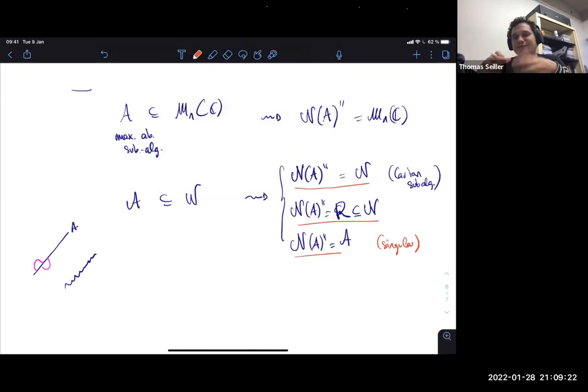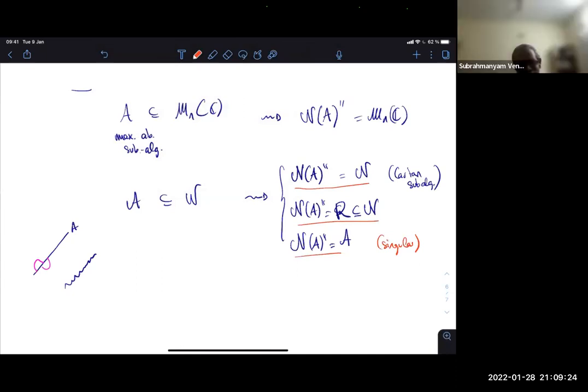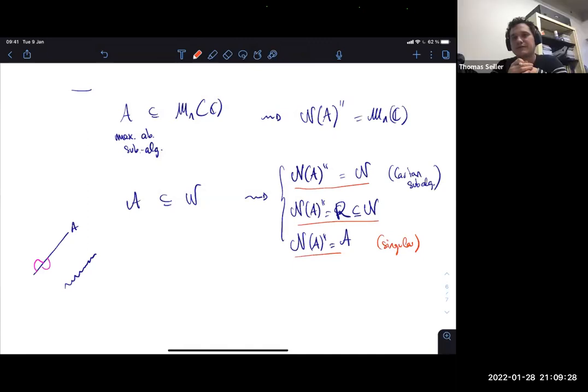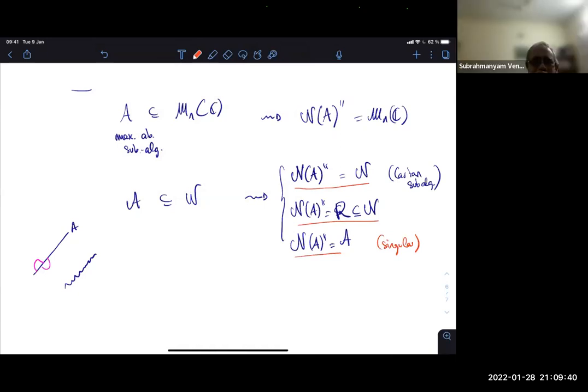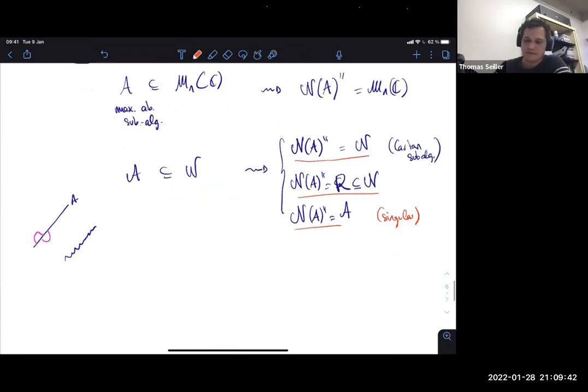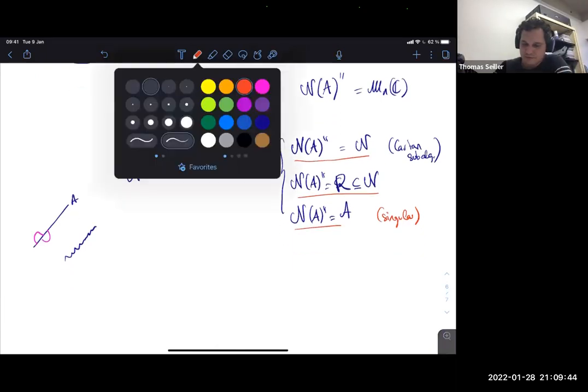So I'm not sure it answers the question, but I think they are the same kind of objects coming in, right? But the situation is much more complicated because of the fact that you have this infinite dimension. Yes.